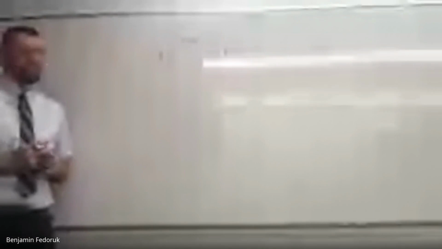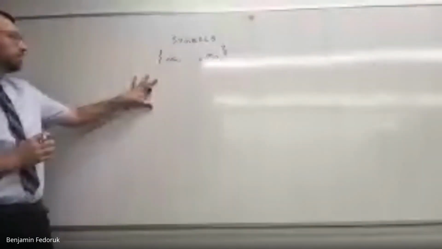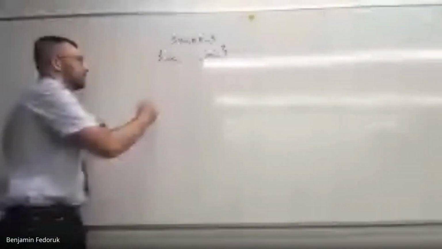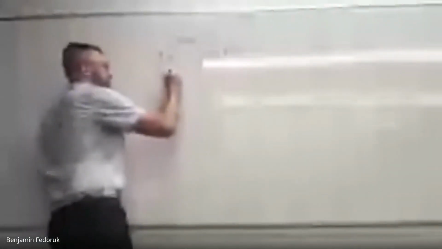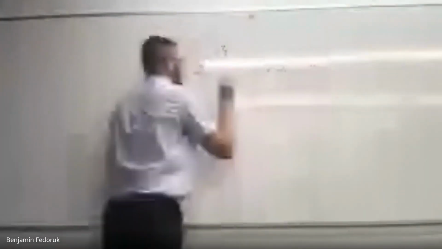I'm going to introduce a terminology called linear combination. So a linear combination of these symbols, again, symbols could be anything, is some alpha 1 times x1 plus alpha 2 times x2 all the way up to alpha n xn, where alpha i is taken from some field.